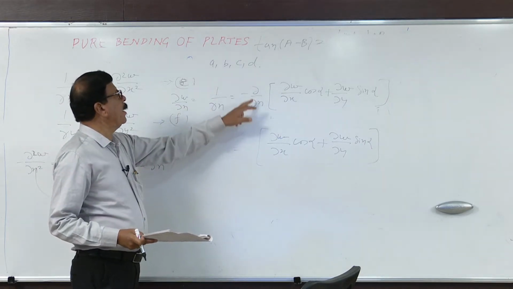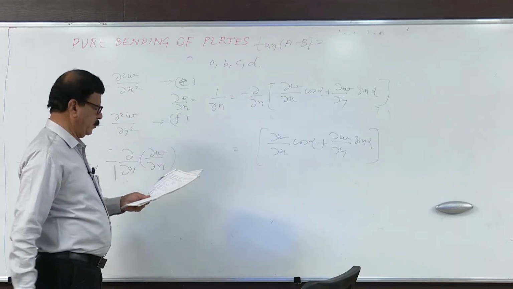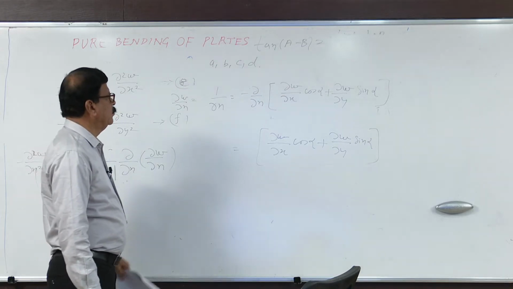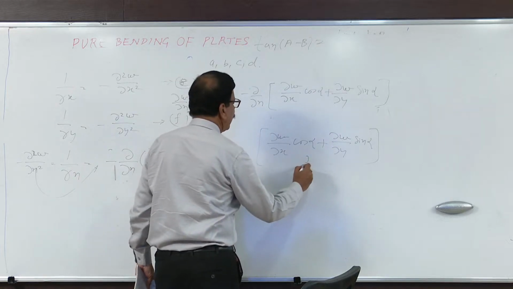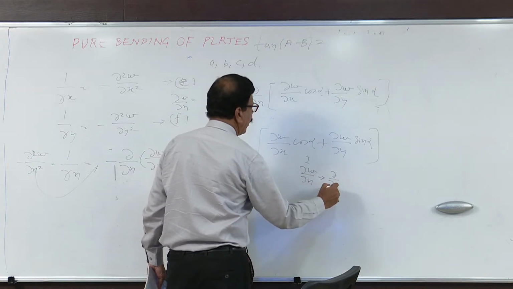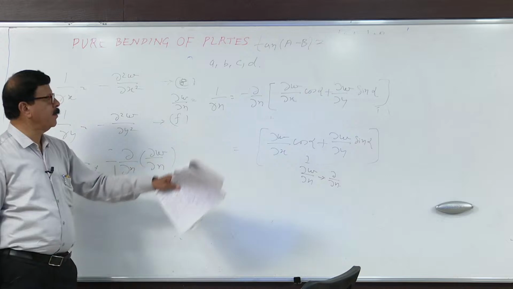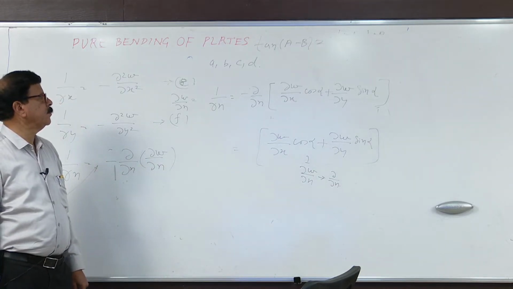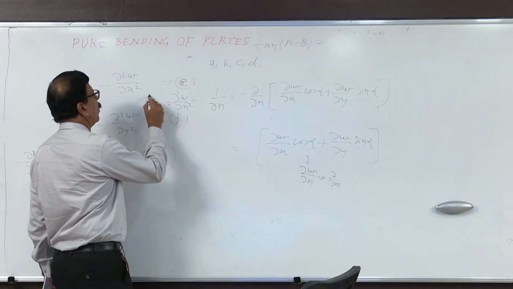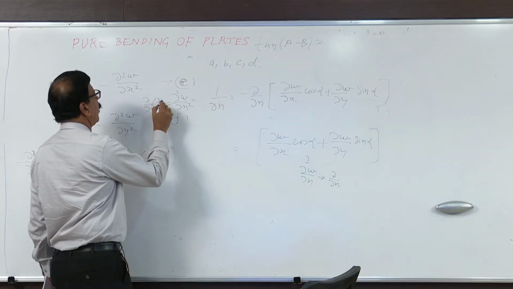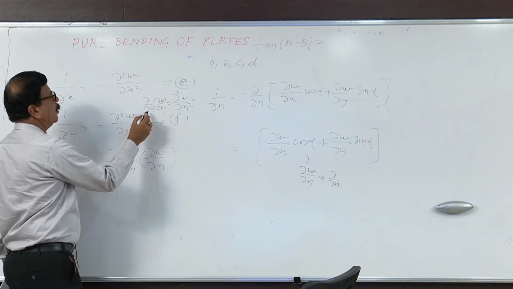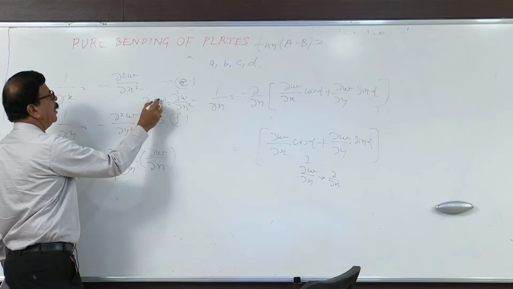From here, what will be the value of del by del n? If this is del W by del n, what will the value of del by del n be from this equation? Del square W upon del n square, we wrote like this, del by del n of del W by del n.